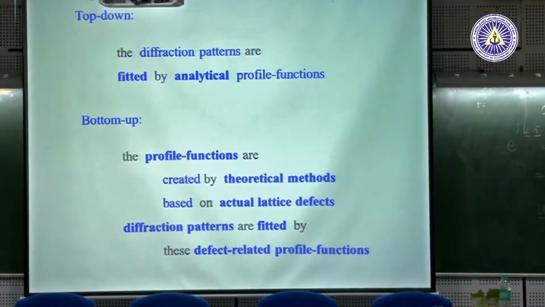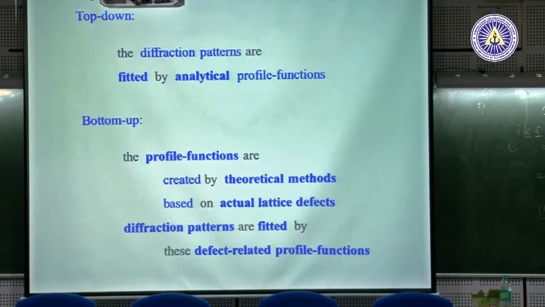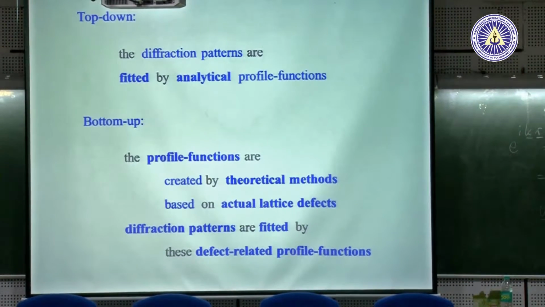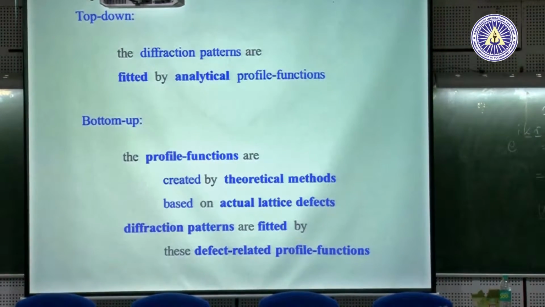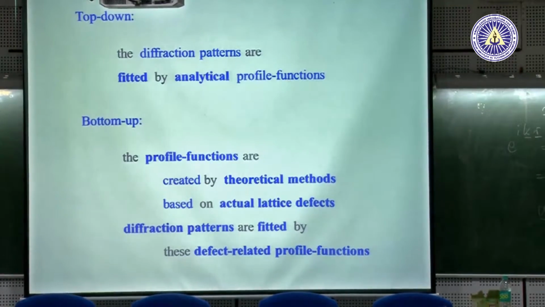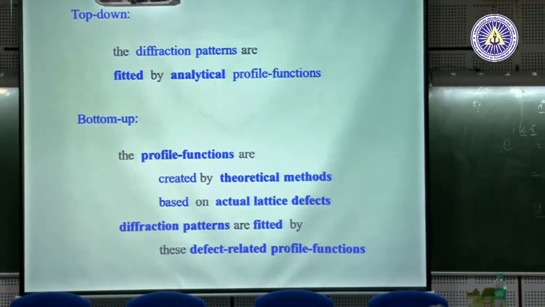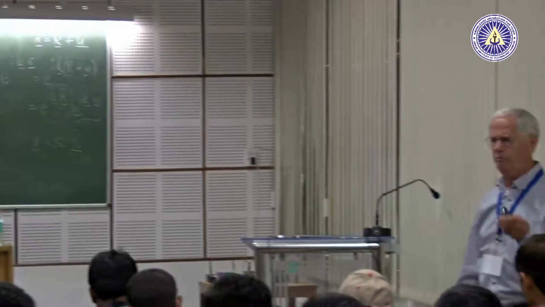In the bottom-up approach, you start from the bottom, and that is the TEM micrograph. You look into it, and you see that you have dislocations, you don't see the vacancies, and you don't see the internal stresses. In a TEM, you don't see the internal stresses.